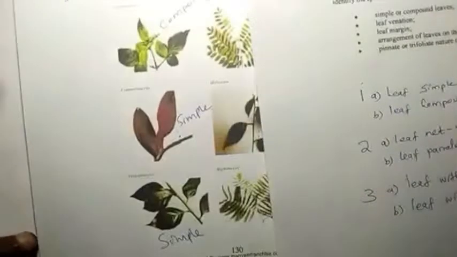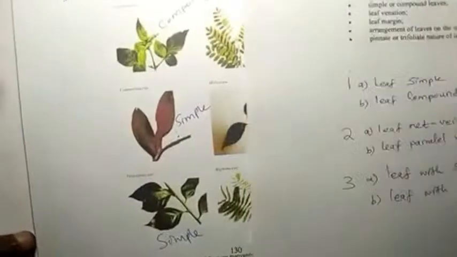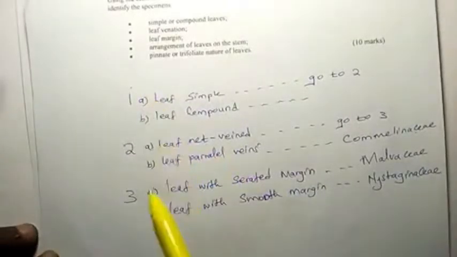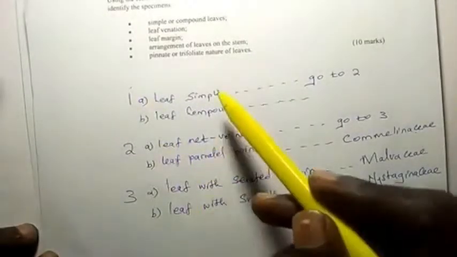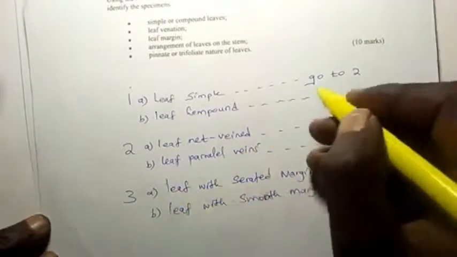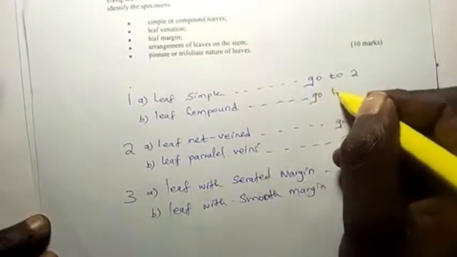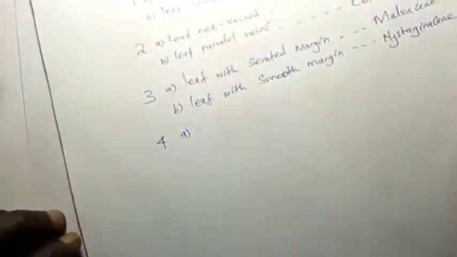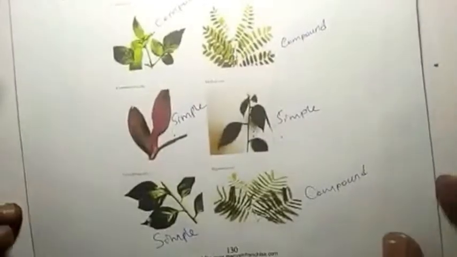Now we go back to 1B, which is compound leaf. Now we have finished with the leaf simple. Now here we say go to 4, then we write 4A. Let's see the compound leaves.